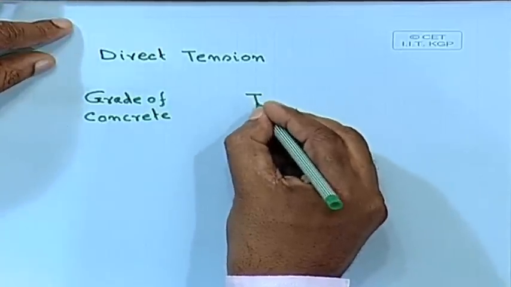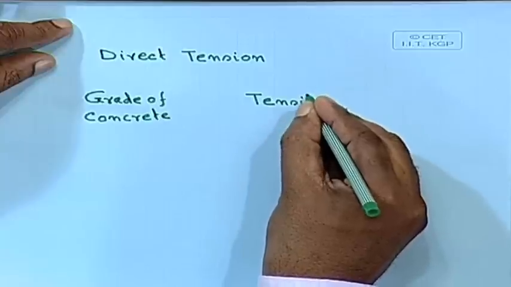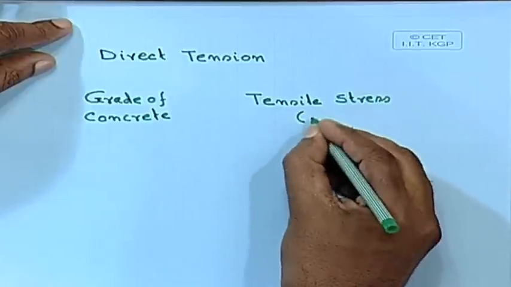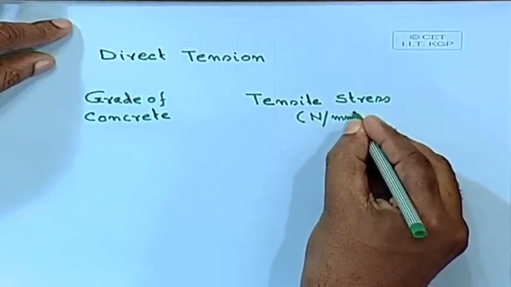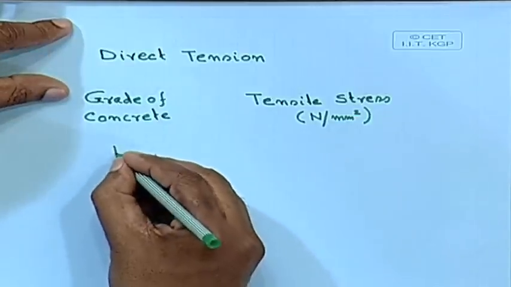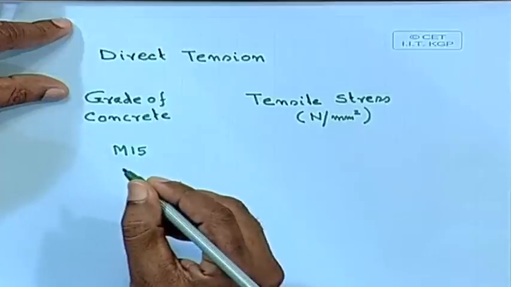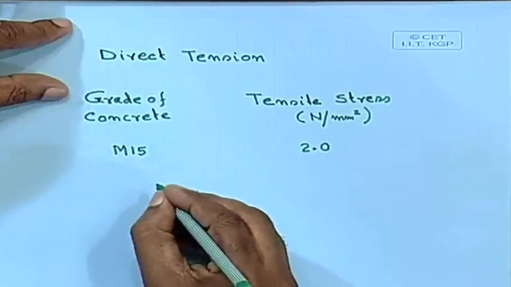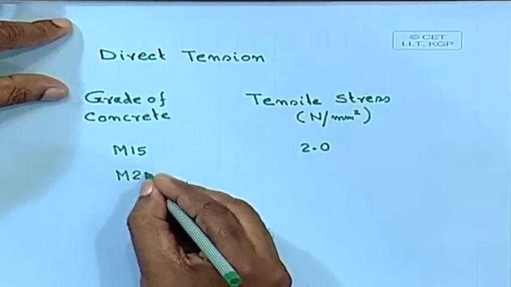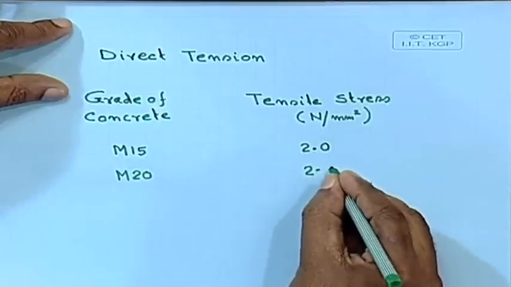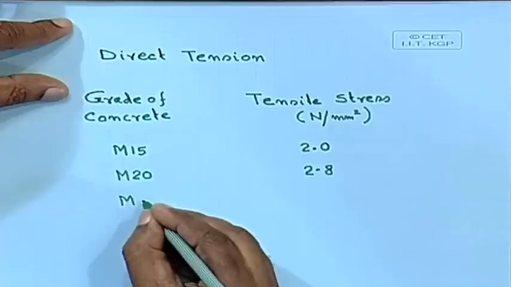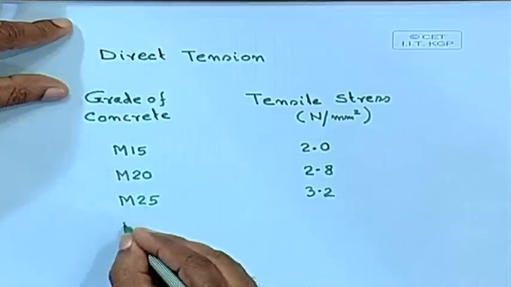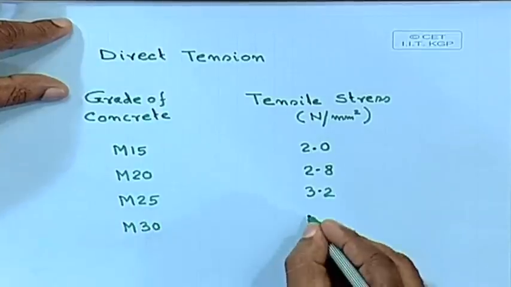And tensile stress. We have M15, though we do not use it, and the permissible stress is 2.0 Newton per square millimeter, M20 2.8, M25 3.2, M30 3.6.